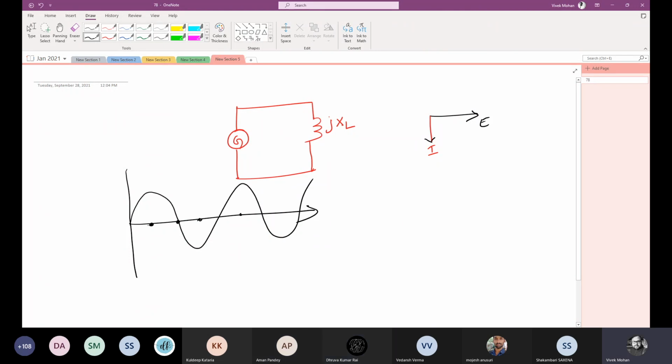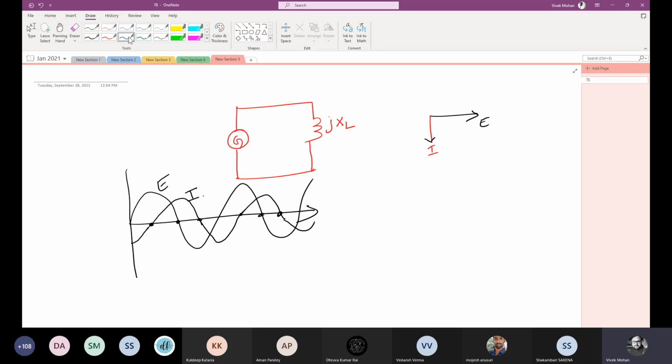Now my current waveform is this, you just see whether it is right or not. Is it right? Yes, sir. In this case, does it lag or lead? Current lags. Now E into I, how will I draw my P in this case?